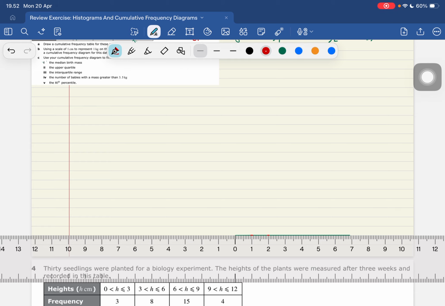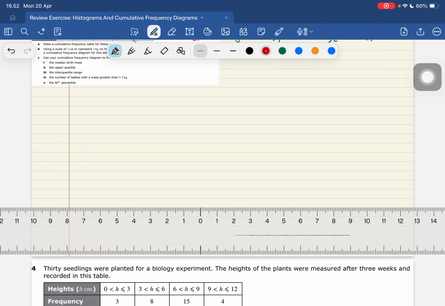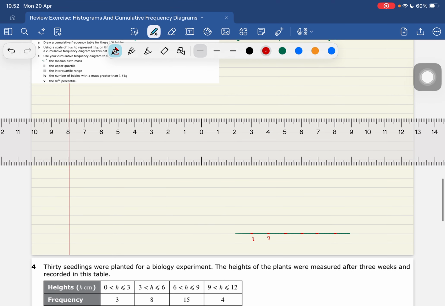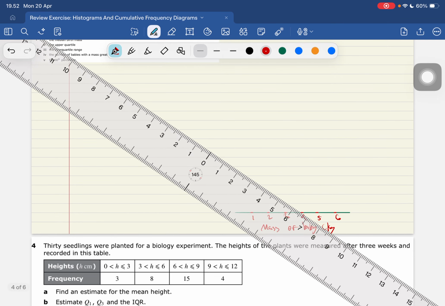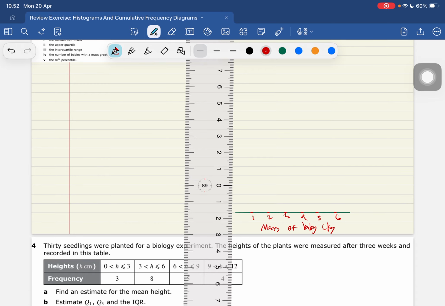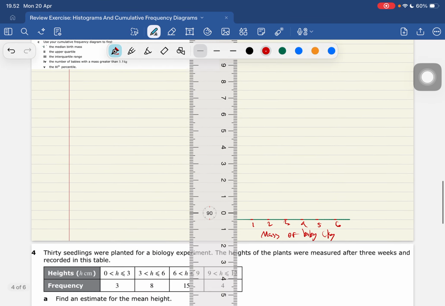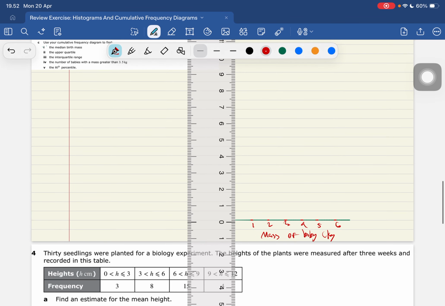Let's mark it: 1, 2, 3, 4, 5, and 6. So this is the mass of baby in kilogram. Next, let us make the cumulative frequency starting from 0 to 100.